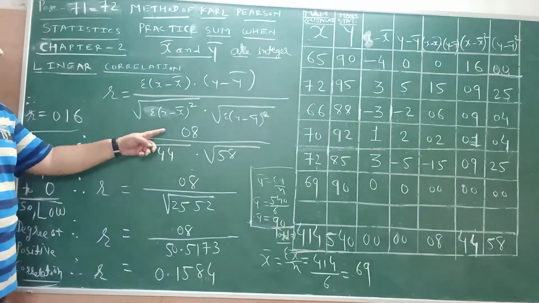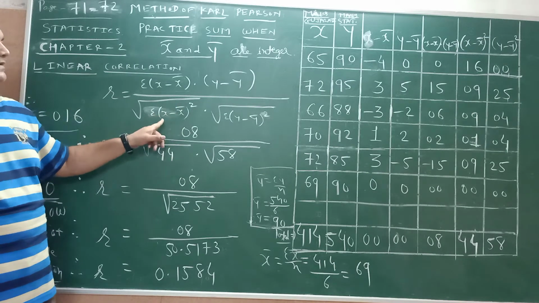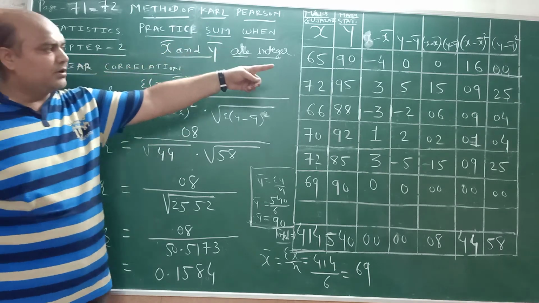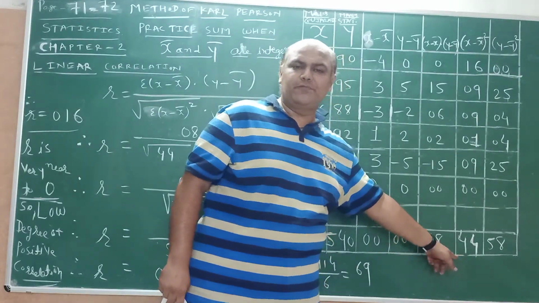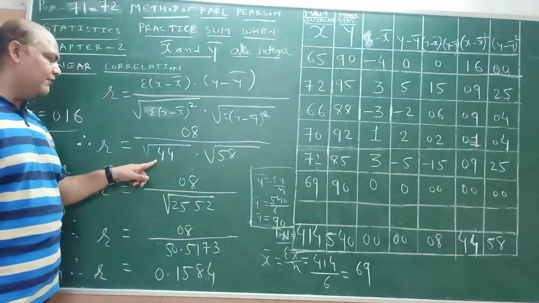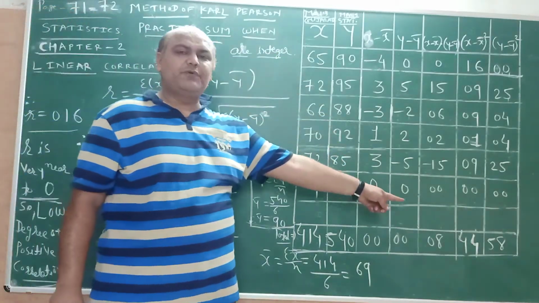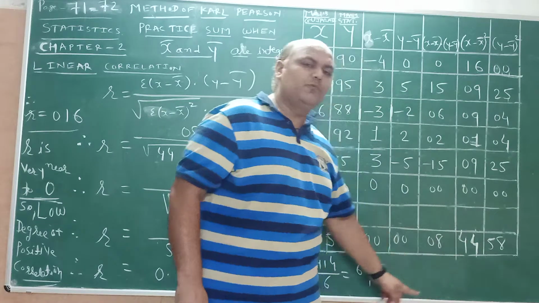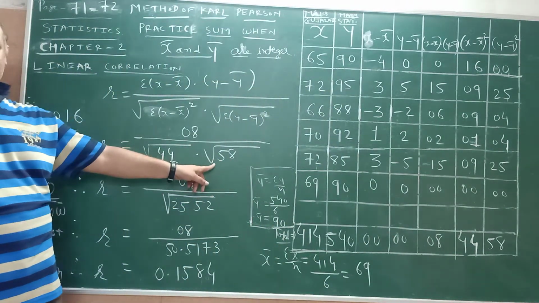So here we take 8. Upon sigma x minus x bar square means total of additional column number 6, that is 44. Now last additional column is 58, so y minus y bar square we take 58.